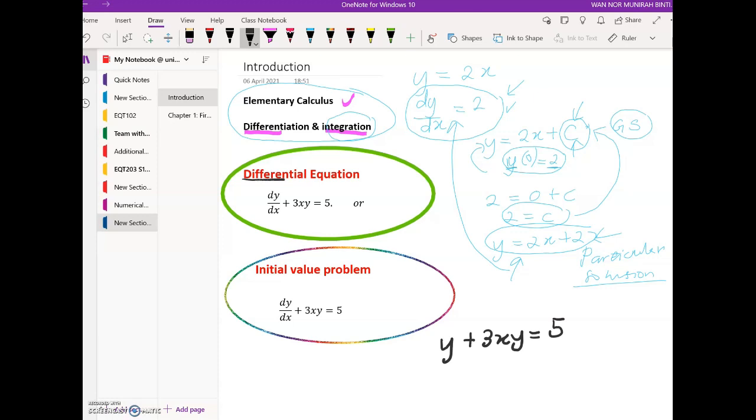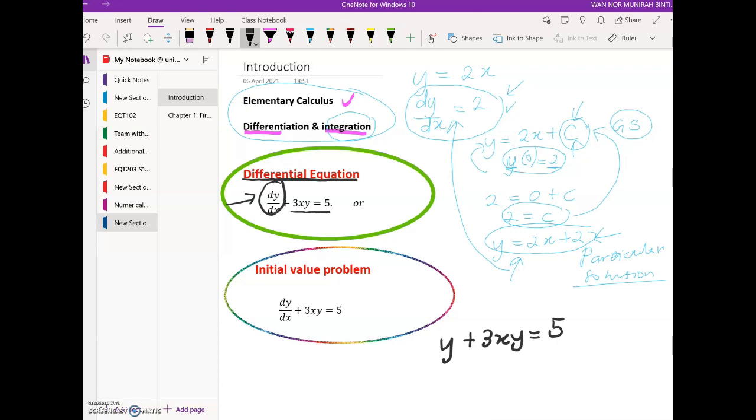But what about a differential equation? A differential equation means that you have an equation and your equation must have a derivative, for example dy/dx. This is a derivative. So dy/dx plus 3xy equals 5 is a differential equation. It is actually an equation, but it consists of a derivative, so that is a differential equation.